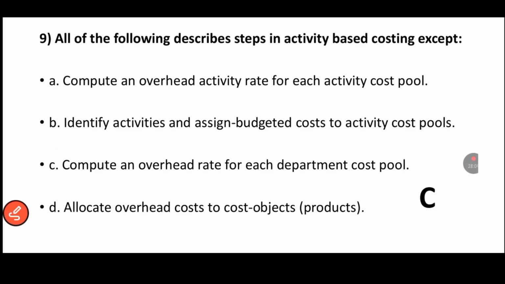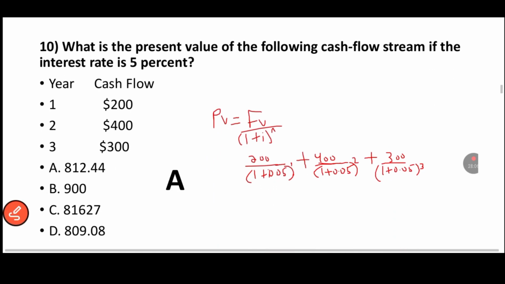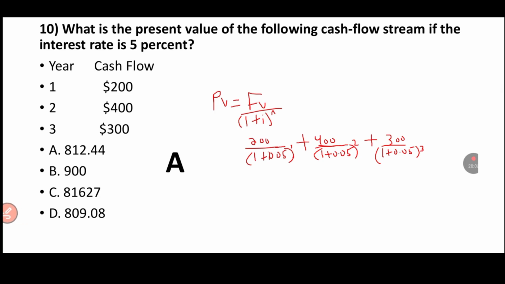Let's see the tenth question. It asks: what is the present value of the following cash flow stream if the interest rate is 5%? This is about interest rate calculations.